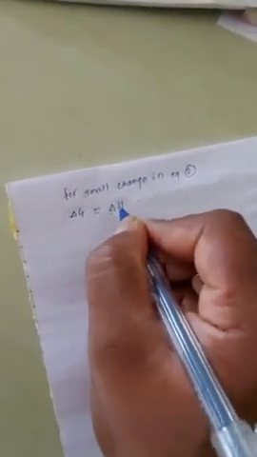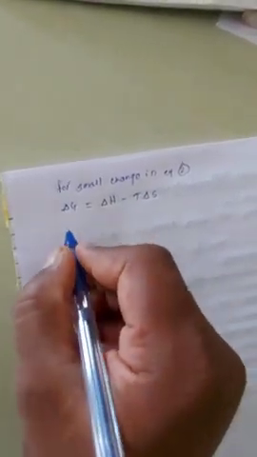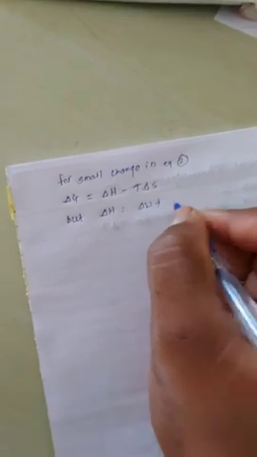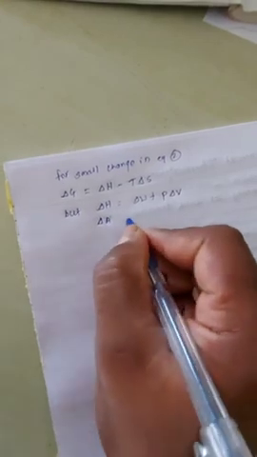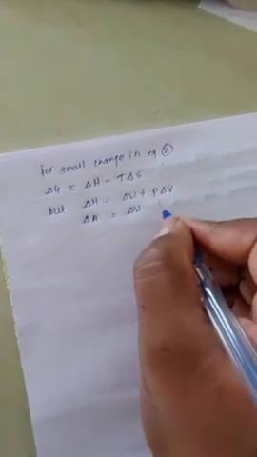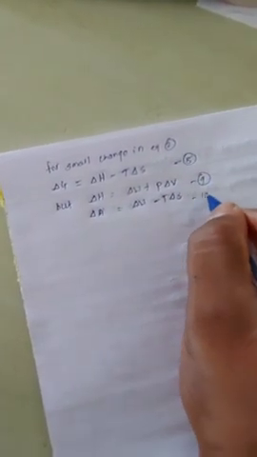Then again for a small change, delta G is equal to delta H minus T delta S. But delta H is also equal to delta U plus P delta V, and delta A is also equal to delta U minus T delta S. Again, these are equation numbers 8, 9 and 10.